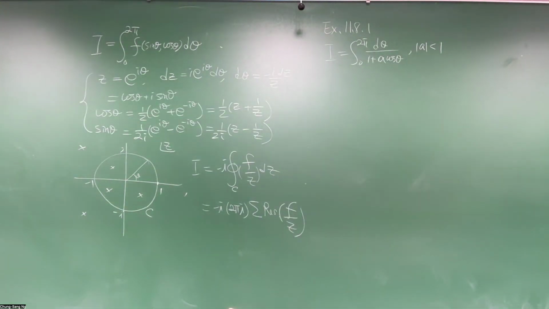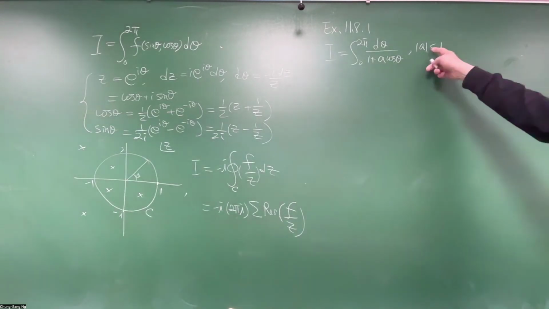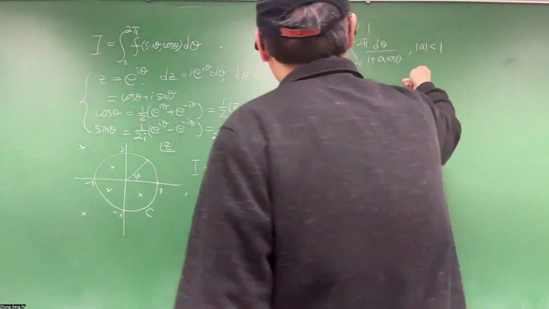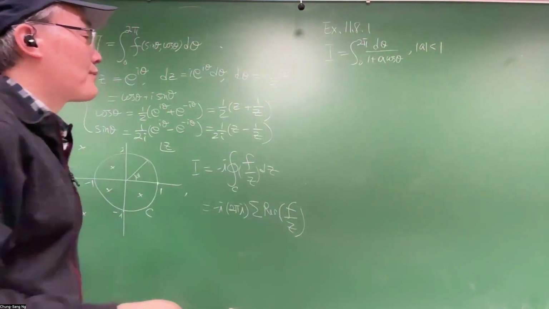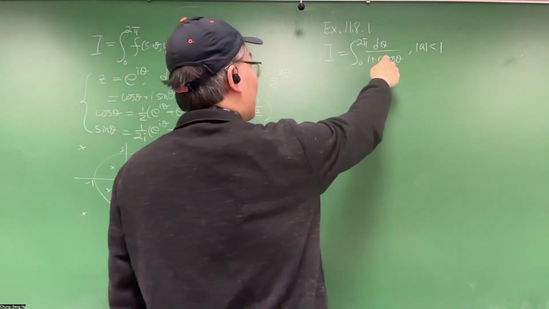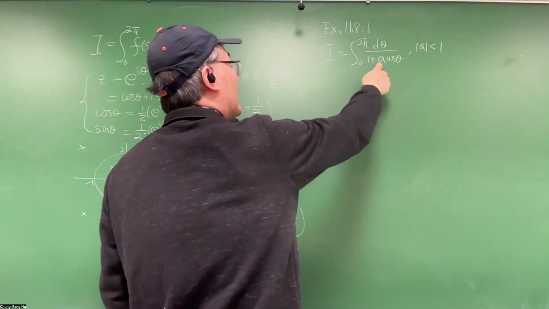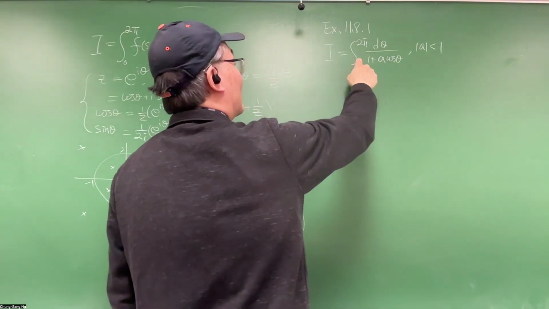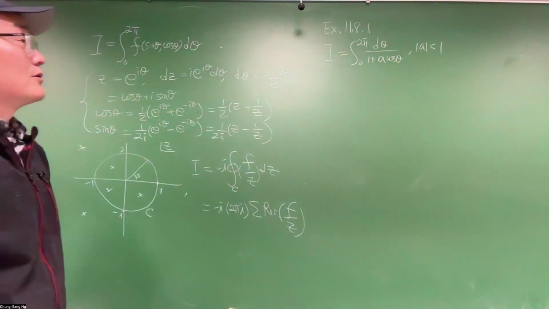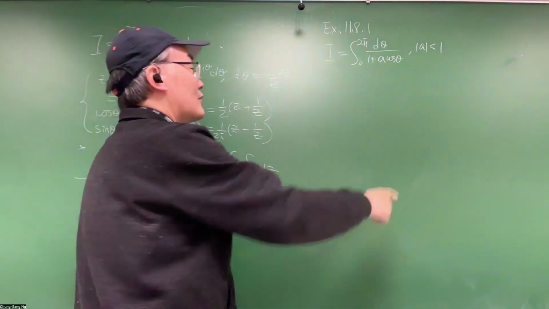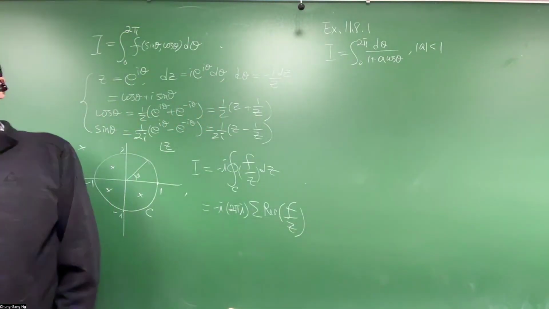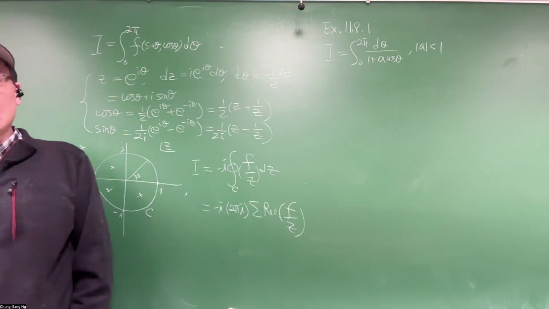All right. So now go back to here. Assuming a is real, it could be positive or negative. Obviously for real a, if a is greater than 1, you get into trouble along the path 0 to 2 pi, because cosine theta takes all the values from 1 to -1.